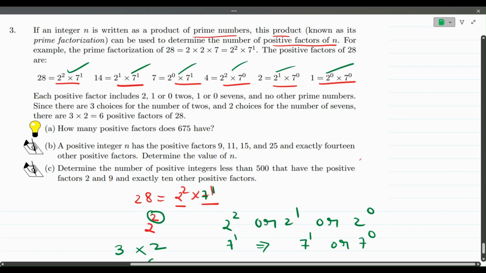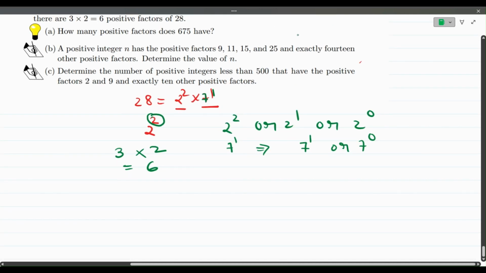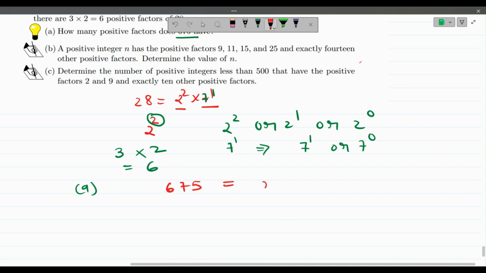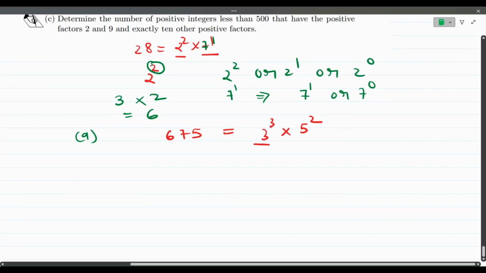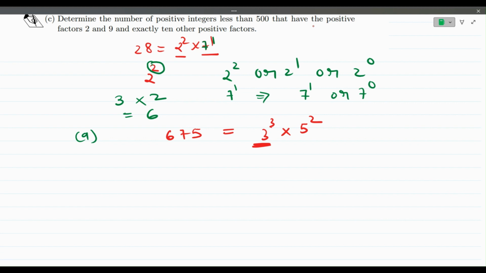Okay, now the question is how many positive factors 675 has. So if you prime factorize 675, this will be 3 to the power 3 times 5 to the power 2. So now 675 has two prime factors, and prime factor 3 has power of 3, so it has four choices: 3, 2, 1, 0.